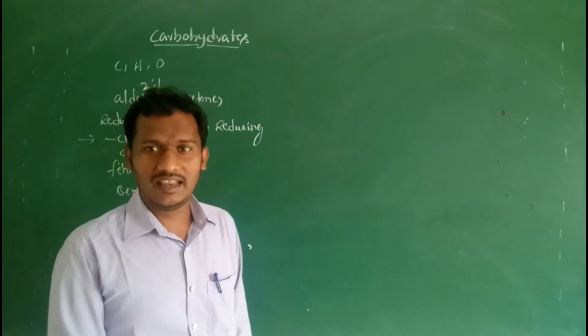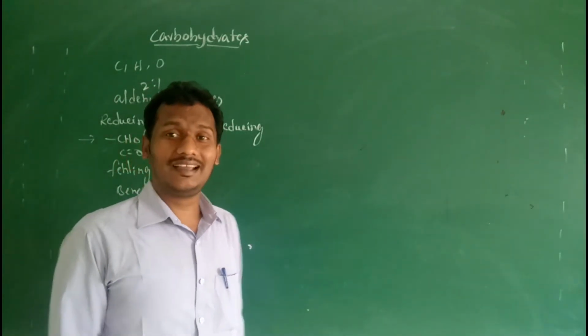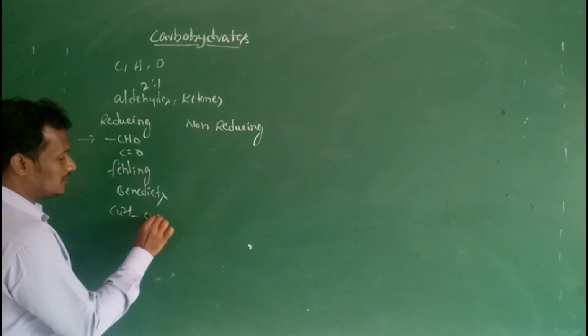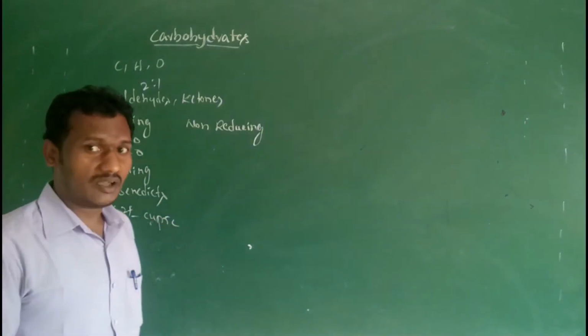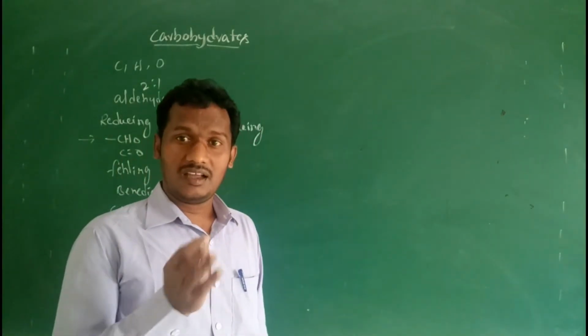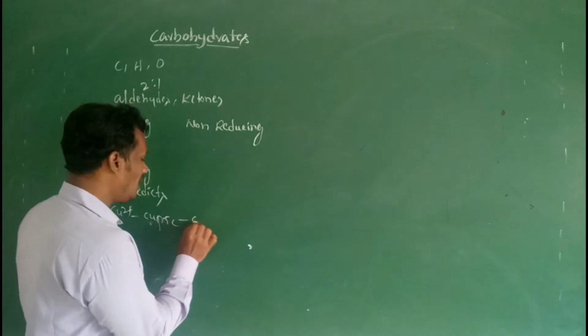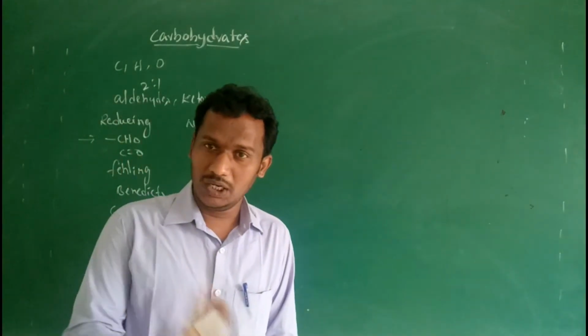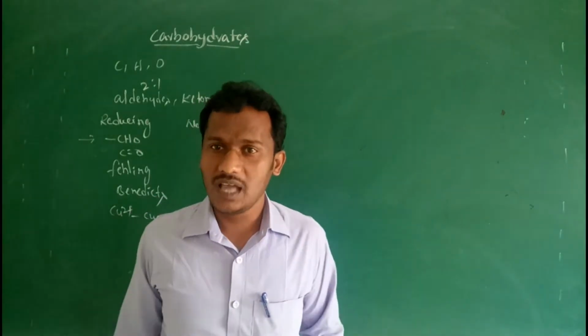That means the Fehling and Benedict solution contains Cu2+ ions, that means cupric ions. These cupric ions are converted into Cu+ ions, that means cuprous ions. So cupric is reduced to cuprous ions.